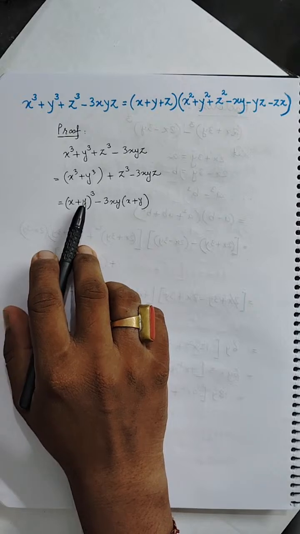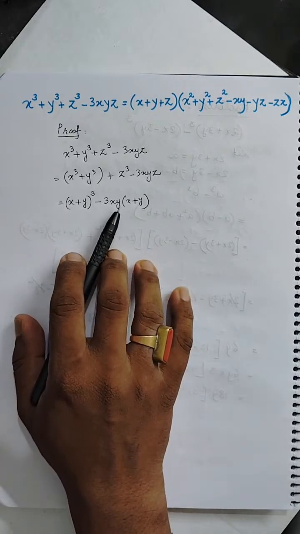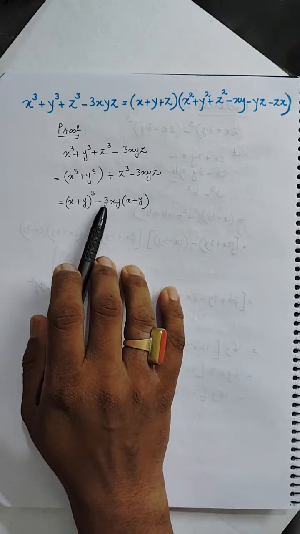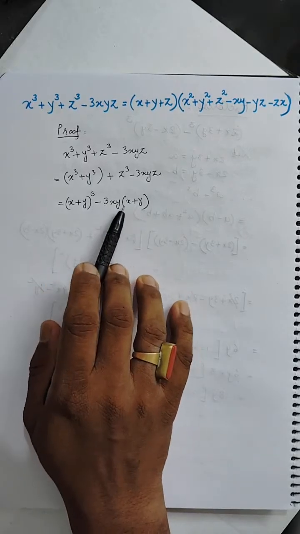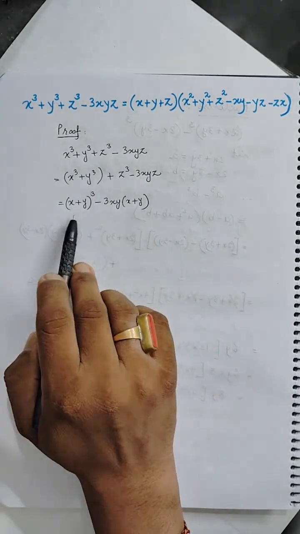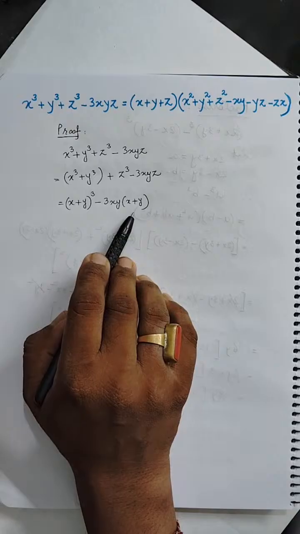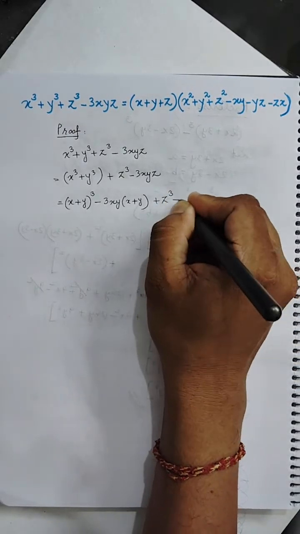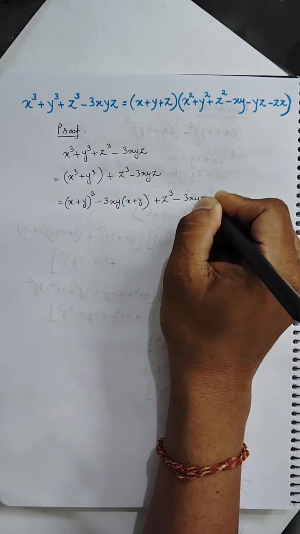This is very well explained in yesterday's live stream, which has been uploaded. I would suggest you go through the proof part first, then it will be clear why x cube plus y cube has been written in this way. And the remaining part is z cube minus 3xyz.